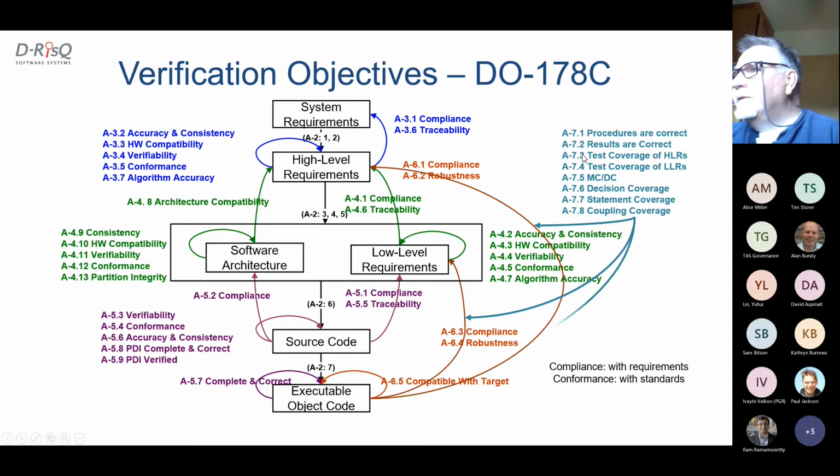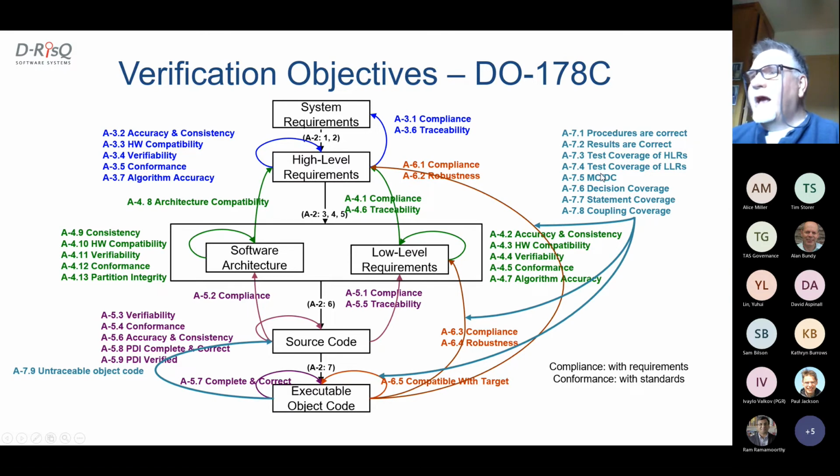Now, these are the aspects to do with how you compose all these things to get this evidence. And the last part is really about how you verify the verification approach, because DO-178C is very much a testing approach.